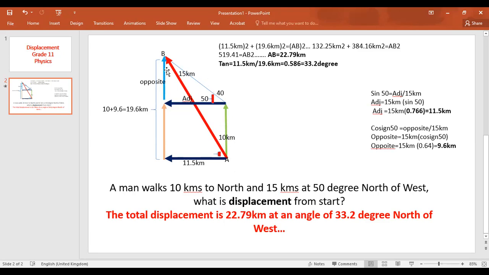But to get the total distance, we just need to add 10 kilometer plus 15 kilometer, which is 25 kilometer between point A and point B. But the total displacement is a straight line between the initial point and the last point of the path which was covered. Anyways, that's how we calculate displacement. Thank you very much. I hope you get something out of this discussion.